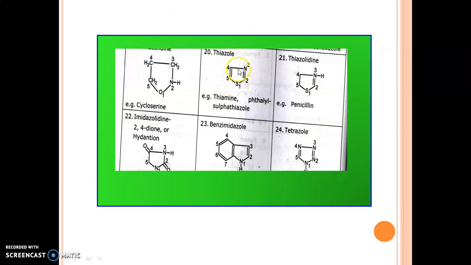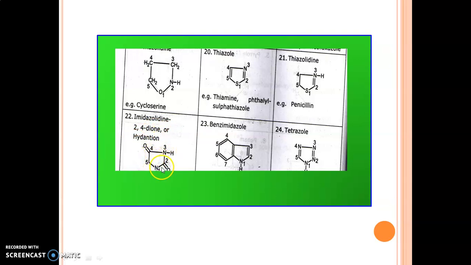Next ring is thiazole. In this, there are two heteroatoms, sulfur and nitrogen, at 1 and 3 position. When there is saturation of both the bonds, thiazoline is converted into thiazolidine. Next is imidazolidine 2,4-dione, also called hydantoin ring.